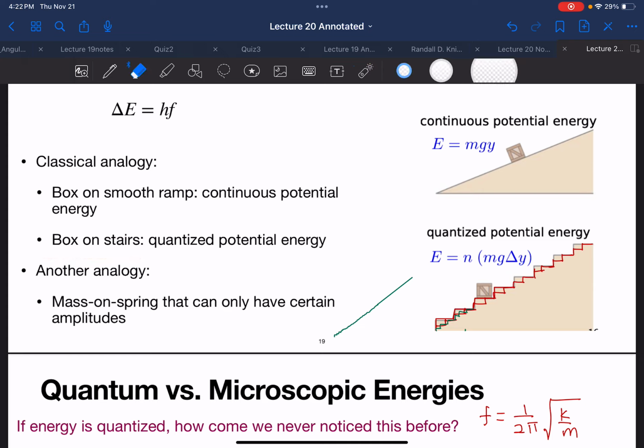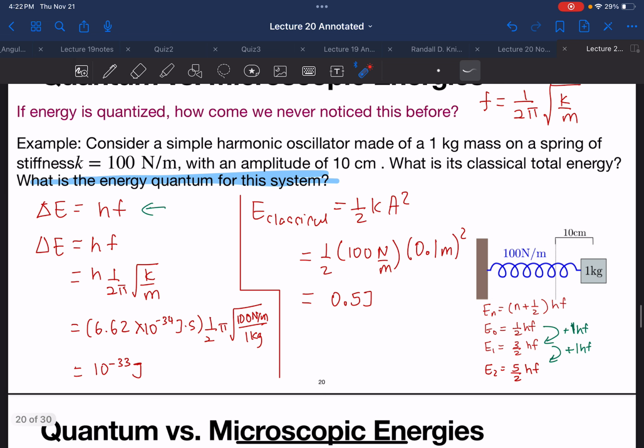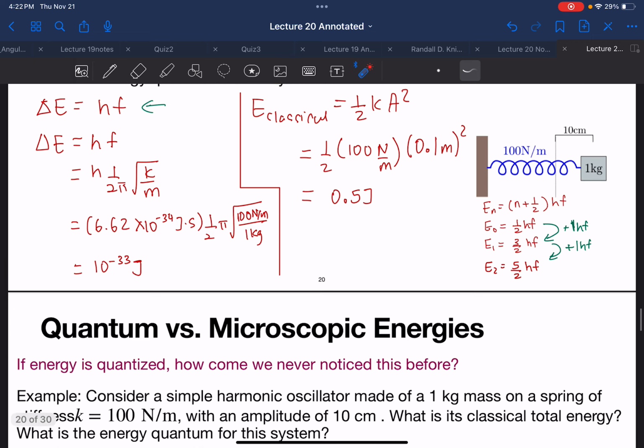You can put the box on step 1, 2, 3, or 4, 5, 6, etc. You can't put the box at step 2.5 because step 2.5 doesn't exist. And we just compared the step size of a quantum oscillator, or basically what the quantum of energy for a macroscopic oscillator would be, and we found that the steps are just tiny, so they're not noticeable.